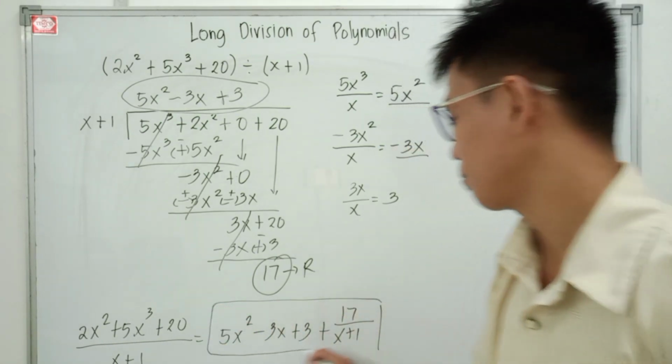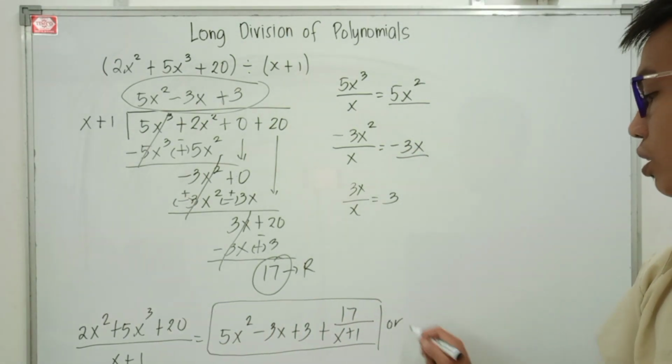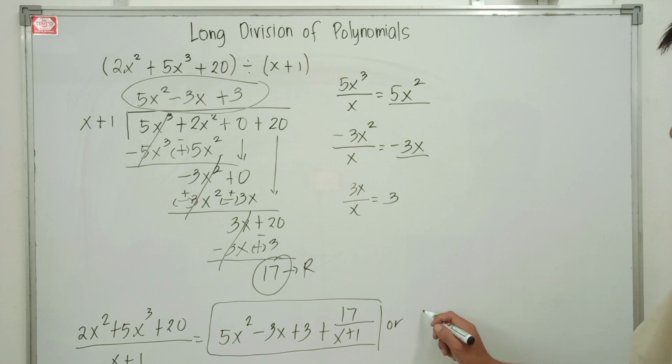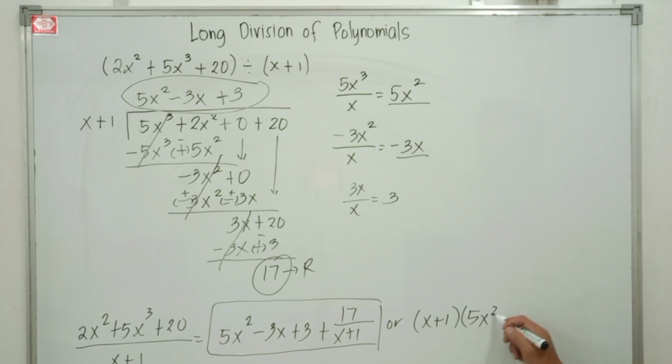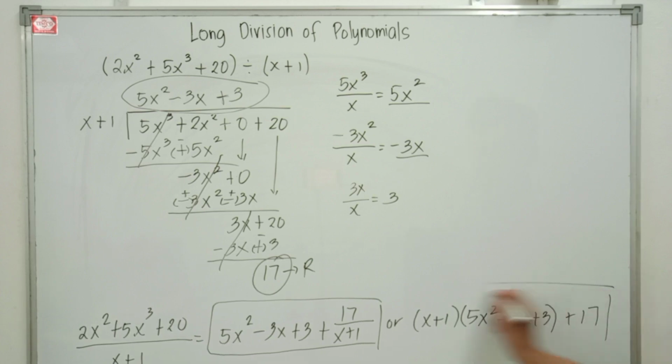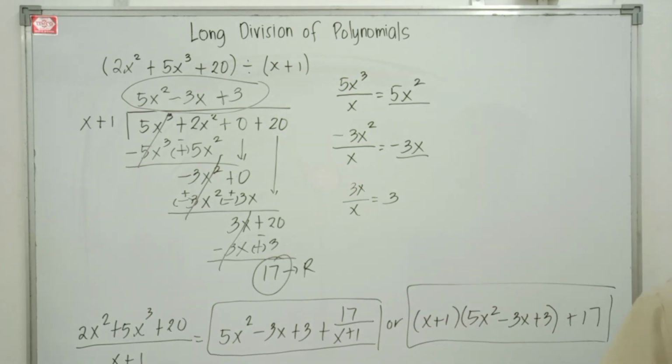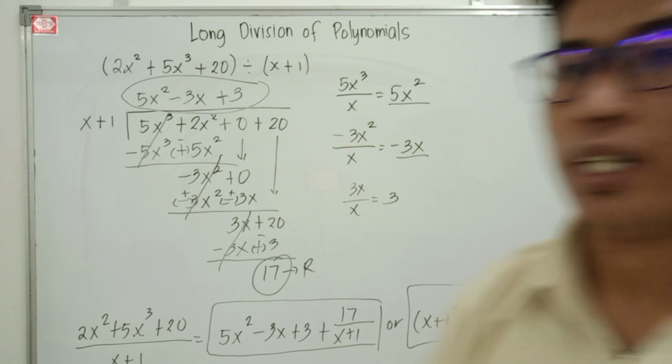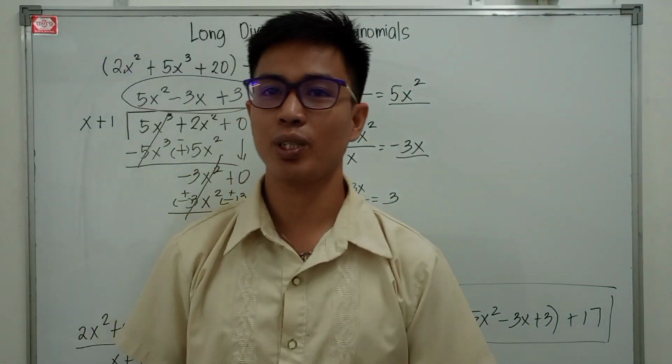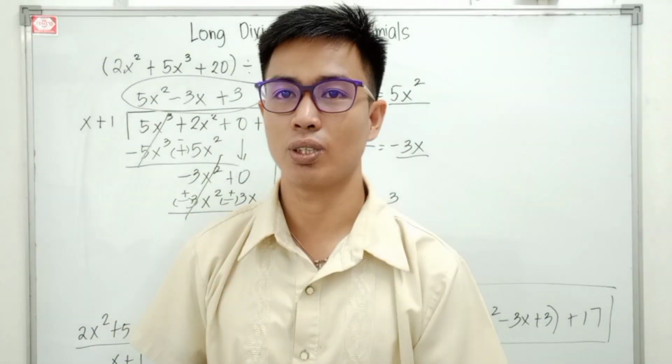So that is the first form. Or you could also have x plus 1 times 5x squared minus 3x plus 3 plus 17. And that is how you divide a polynomial using the long division method.